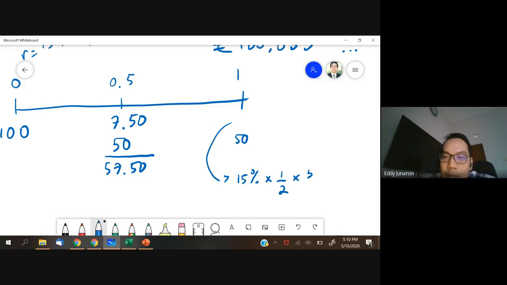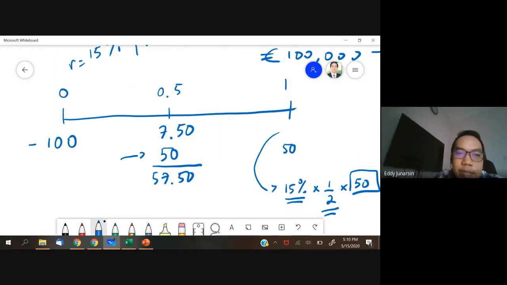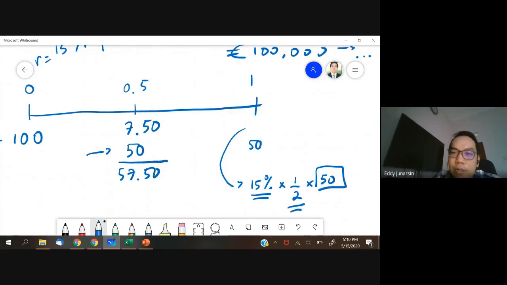This is more simple, I think, right? The interest rate is 15% per year for half a year, but now the principal is 50, because you have got 50 back already. So only 50 remaining. For the second 6-month period, you will get 15% per year times half a year times 50 only, and not 100, because you have got the first 50 back in the first 6 months.